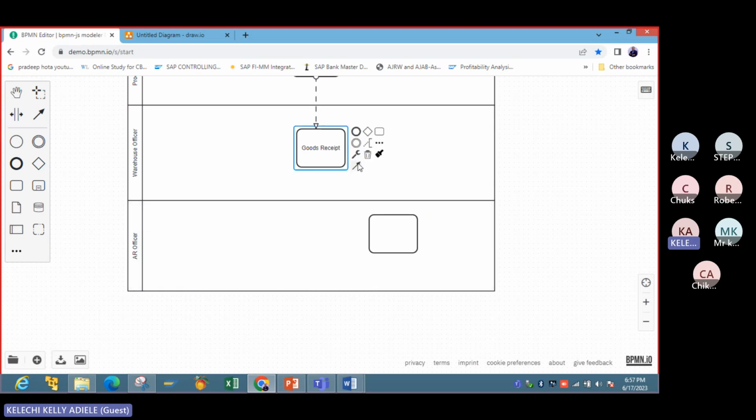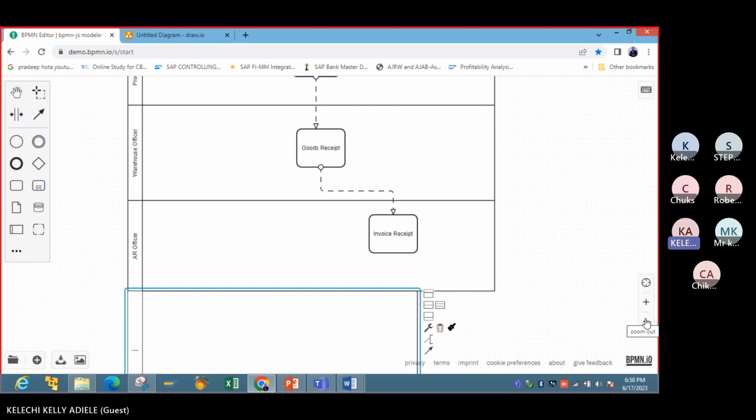Click here, select the line. Invoice received. Now what's the very last activity? Payment. Payments.